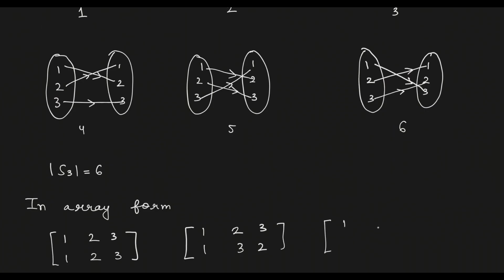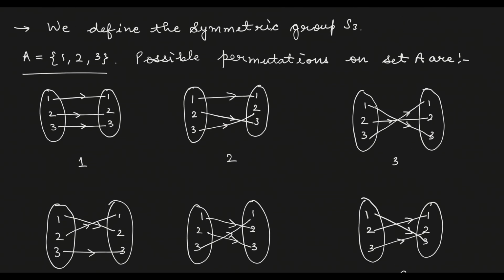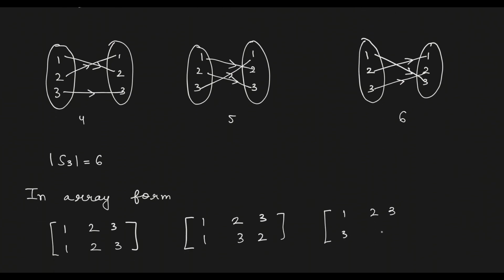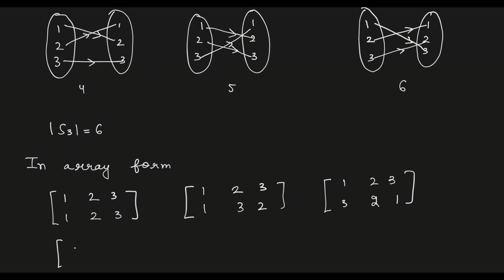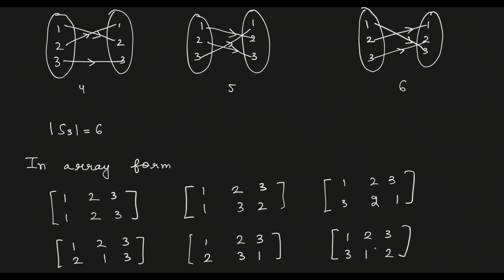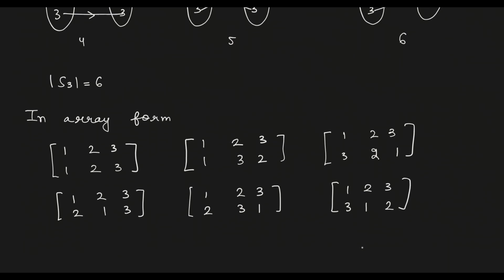Third, 1 to 3, 2 to 2, 3 to 1. Fourth, 1 to 2, 2 to 1, 3 to 3. Then 1 to 2, 2 to 3, 3 to 1. And 1 to 3, 2 to 1, 3 to 2. Is this clear?